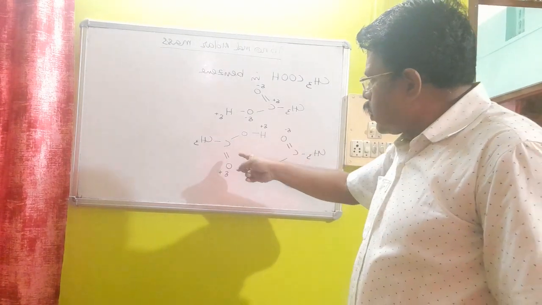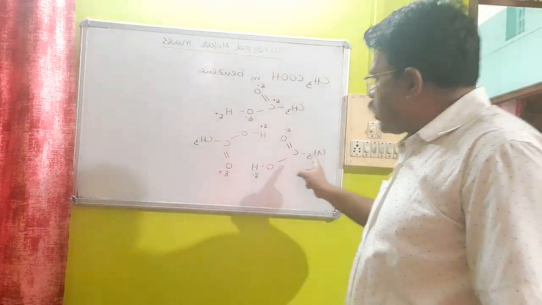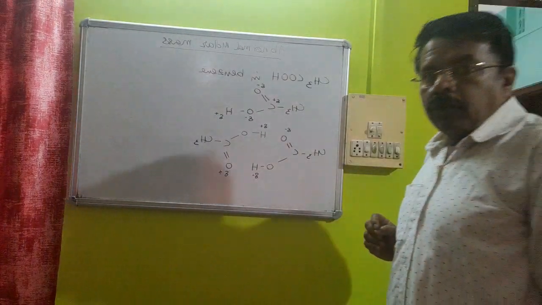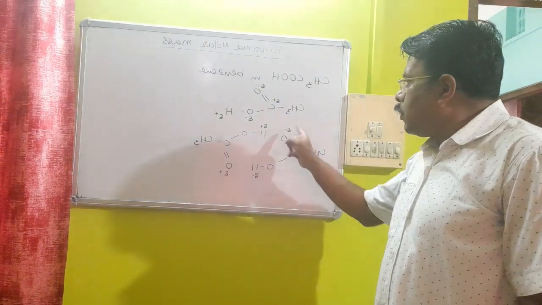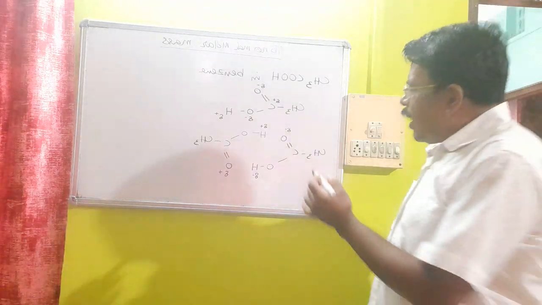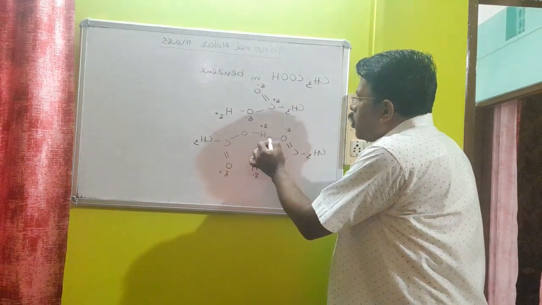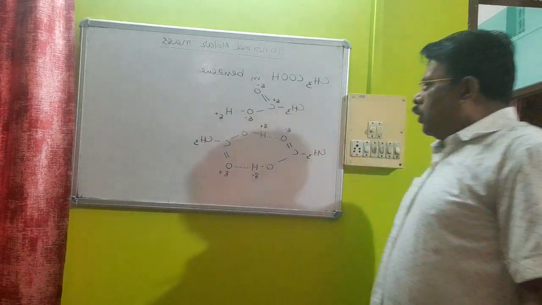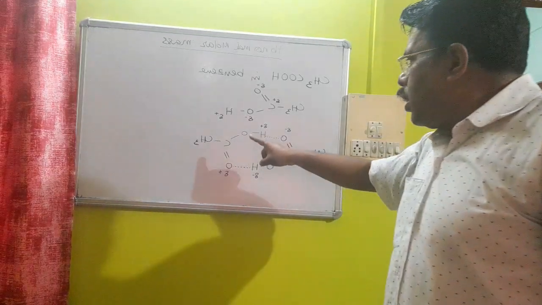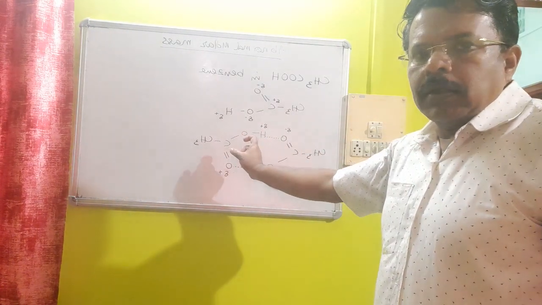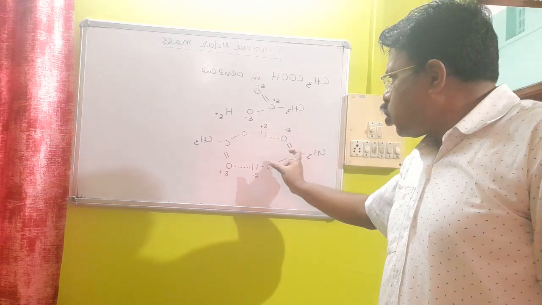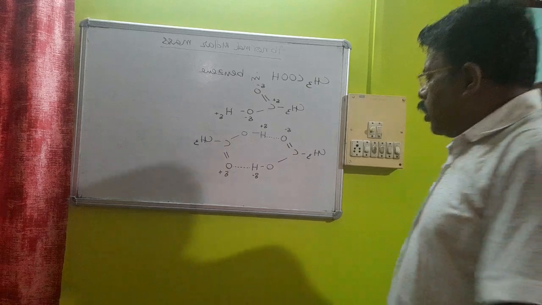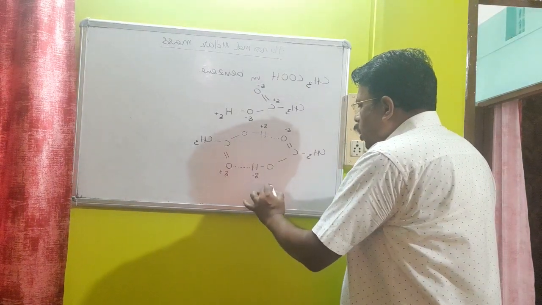In the next diagram, I have two acetic acid molecules, and because of this polarity, a hydrogen bond is formed. So two molecules of acetic acid have joined together, associated together, and formed a species which is called a dimer.